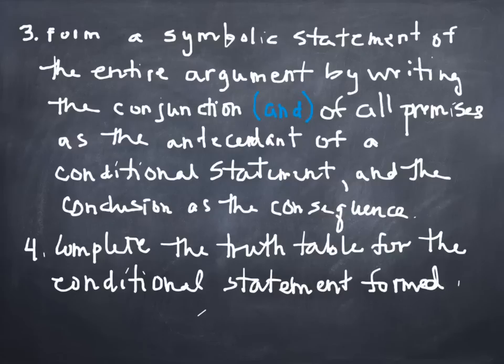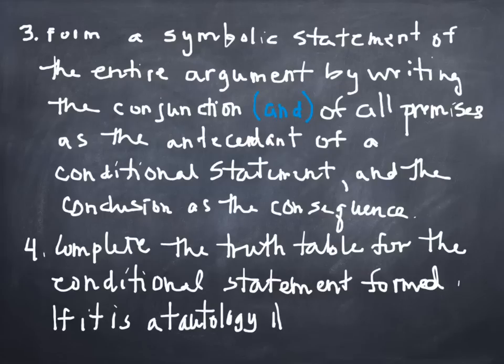And I mentioned before we started today, the next part here. Remember we talked about tautologies? We sort of gave a name to something without any real reason for giving it a name. Here's the deal. If it is a tautology, then it's valid.